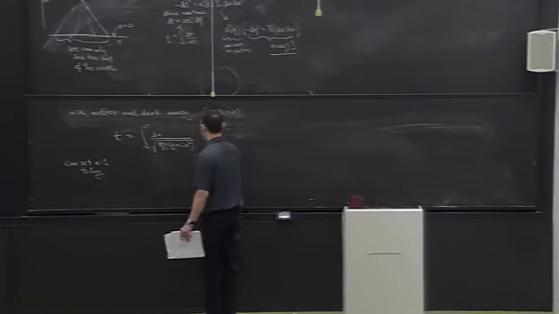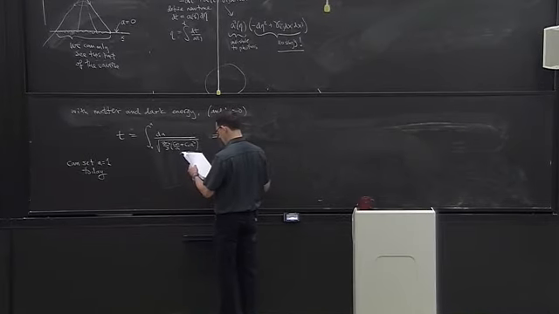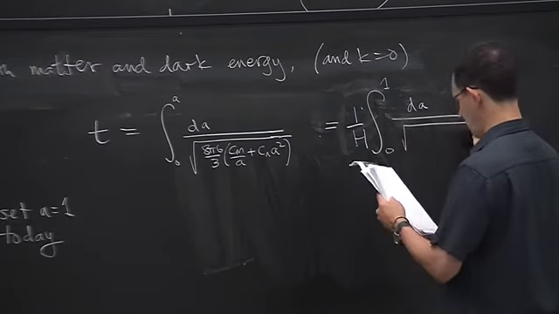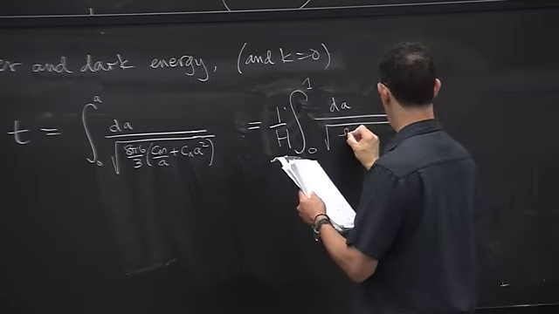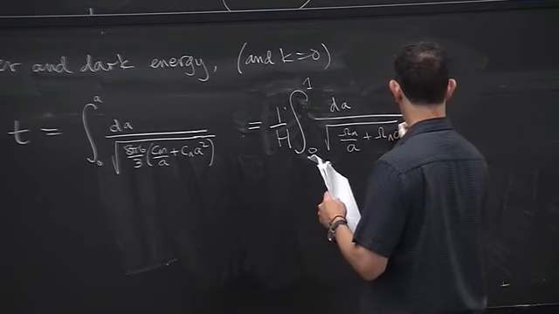So actually, I can write this the following way, as 1 over h integral from 0 to 1 da over root omega m over a plus omega lambda a squared.